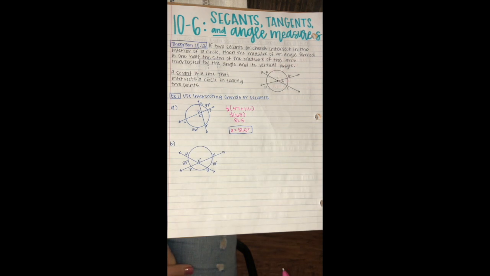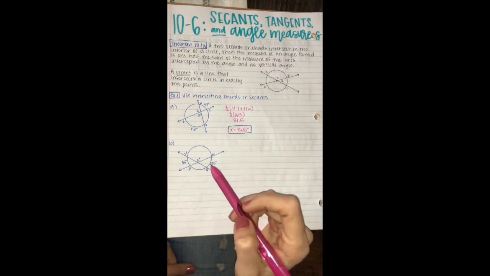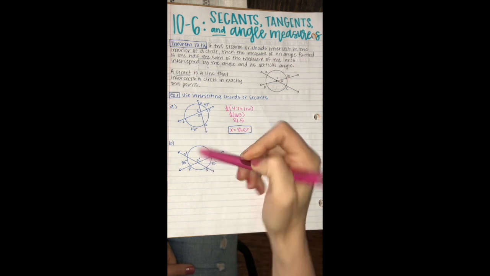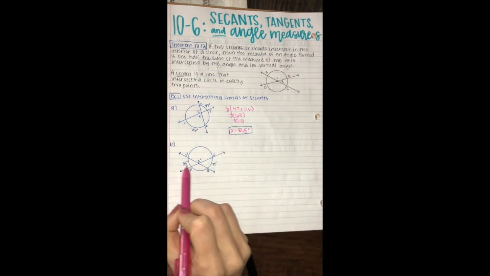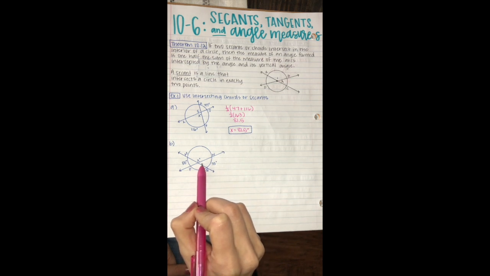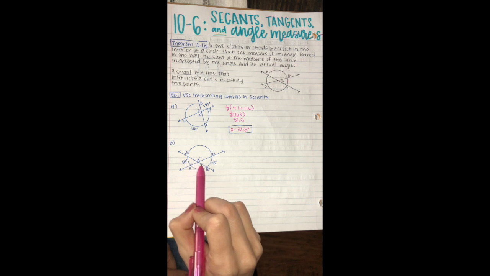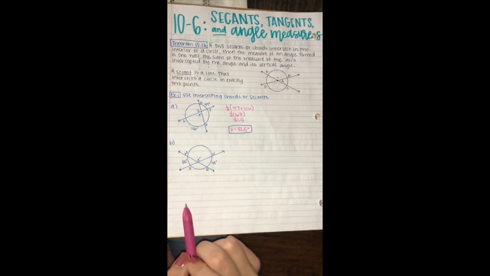For example B, it's the same idea, except you might notice this time, see how this x is in line on the opposite side of the circle. So if we were to add 55 and 75, we'd be finding this angle. So you have two options. You either do that, half it, that's this angle, this is a straight line, and then you could subtract from 180.